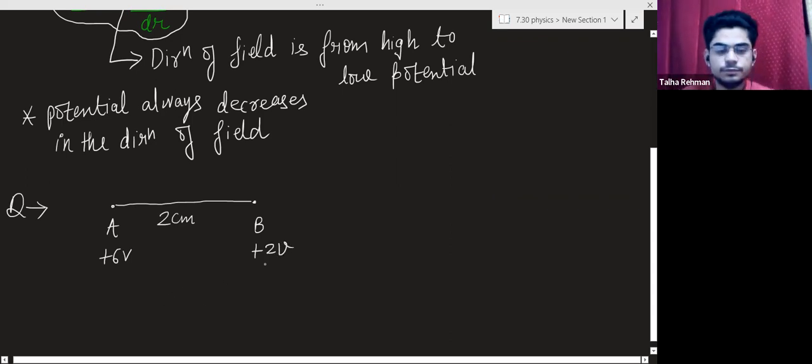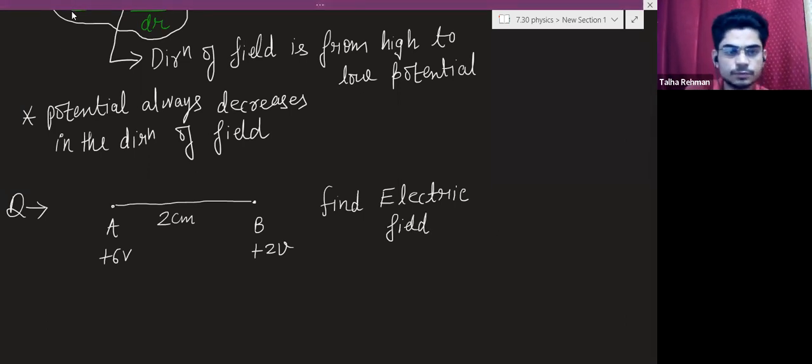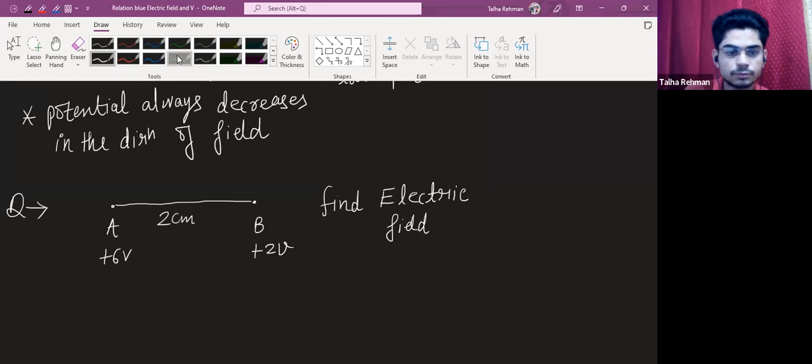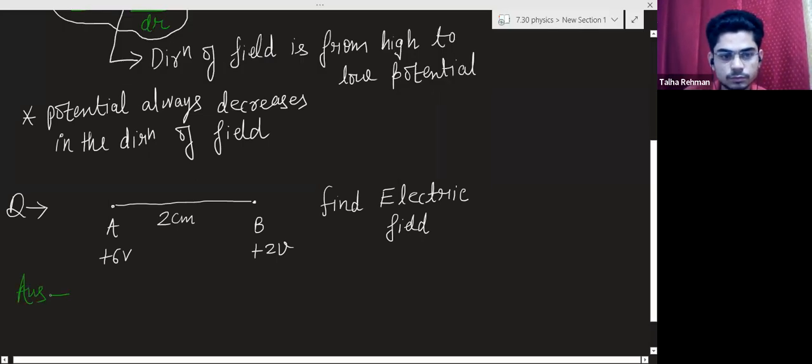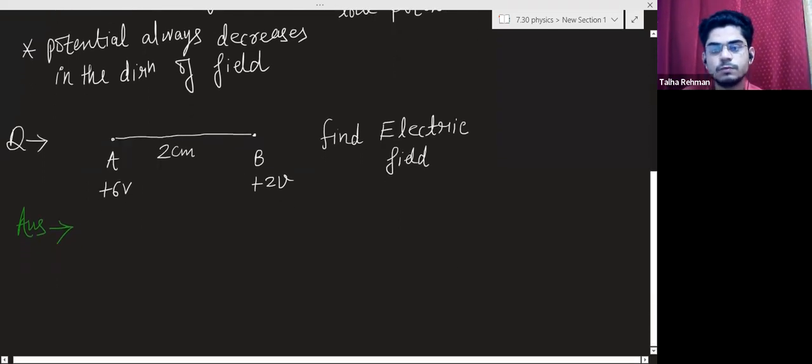And we have to find the value of electric field.